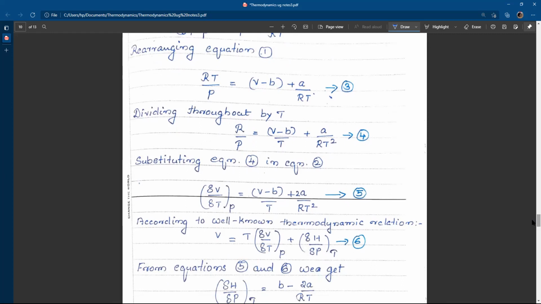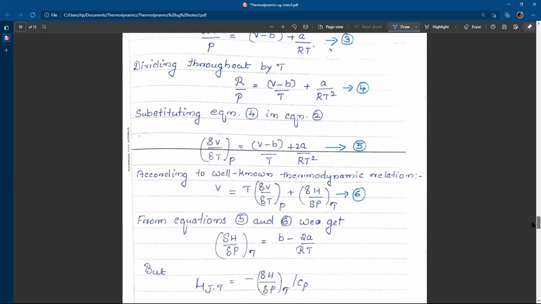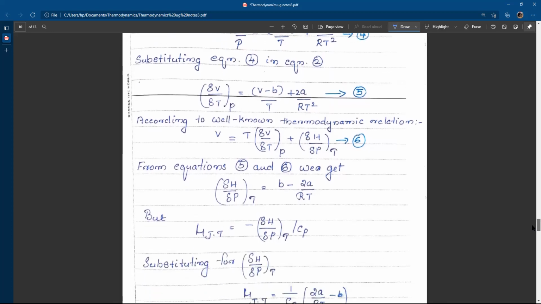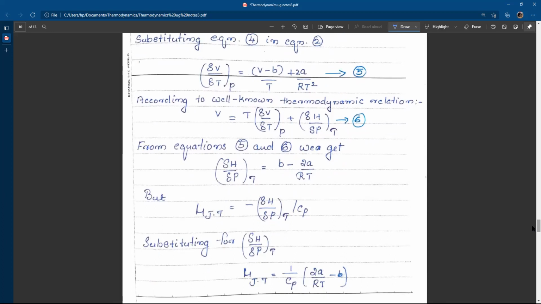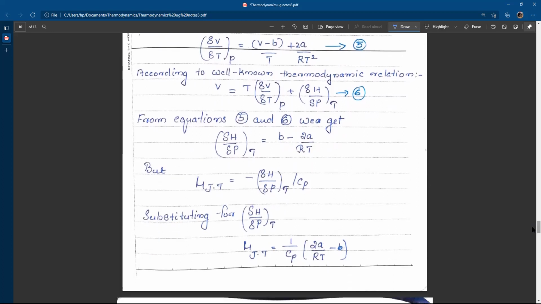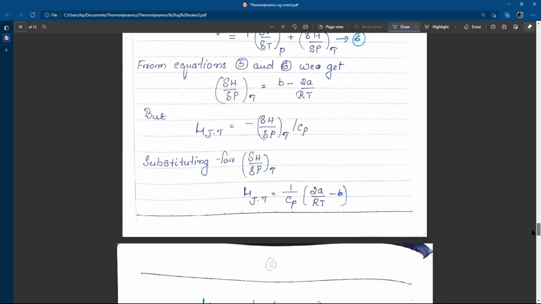Comparing equations 5 and 6, we get (∂H/∂P) at constant temperature = b − 2a/RT. But μJT = −(∂H/∂P) at constant temperature divided by Cp. Substituting, μJT = (1/Cp)(2a/RT − b).